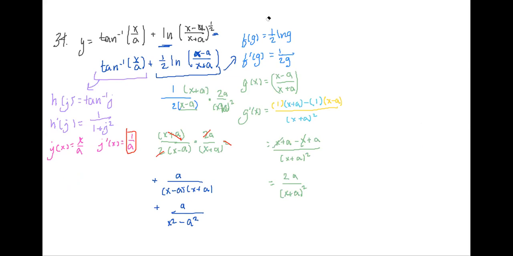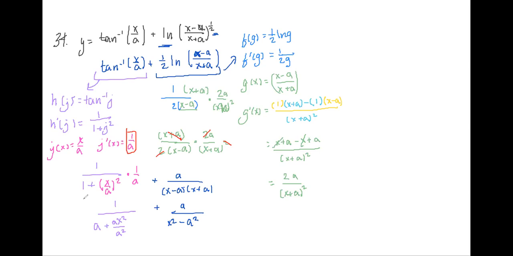If that makes sense, then we can put this all together. The derivative is going to be 1 over 1 plus, now we have j squared here, which is x over a squared, times j prime, which is 1 over a. And we're going to have this simplify down into 1 over a plus x squared over a squared times a.